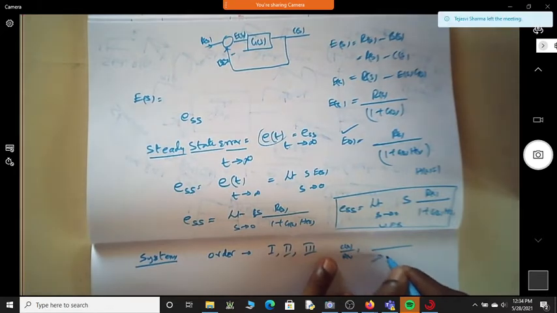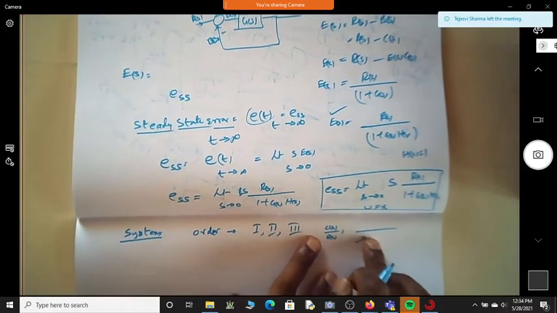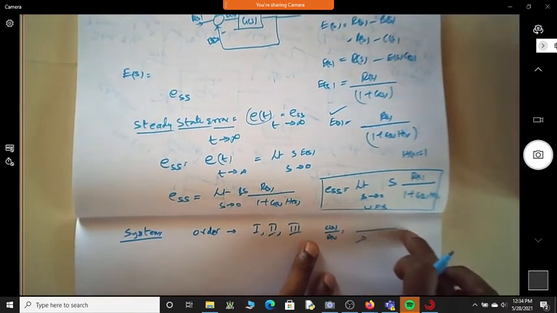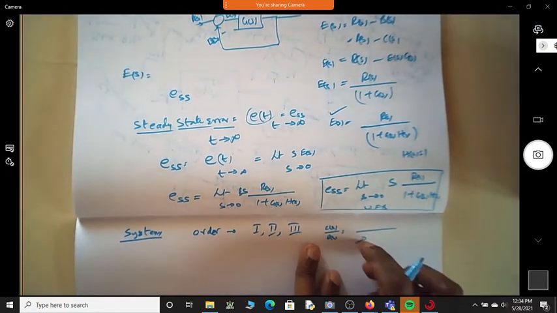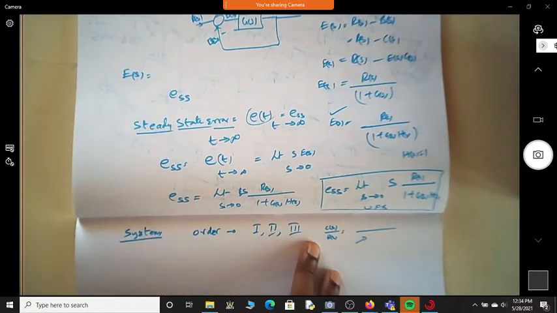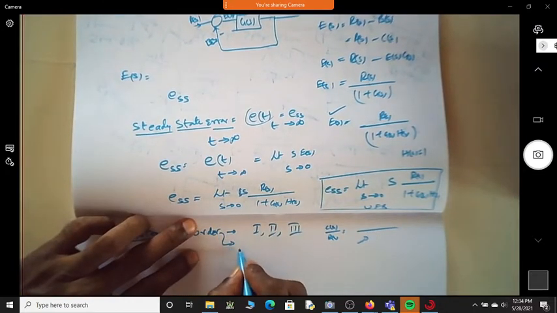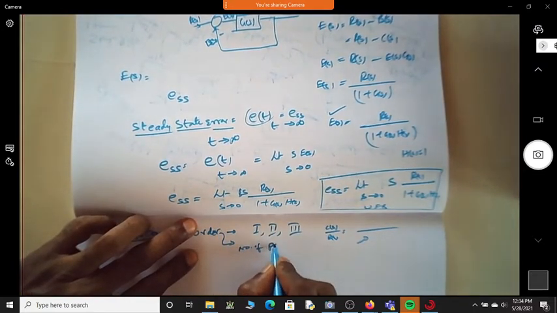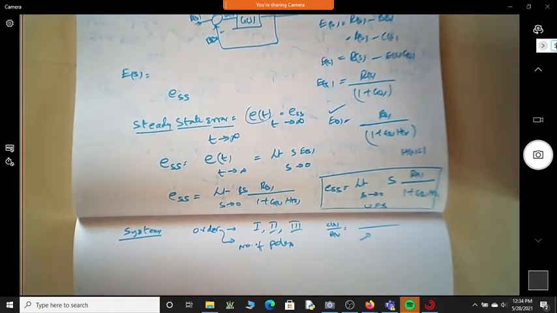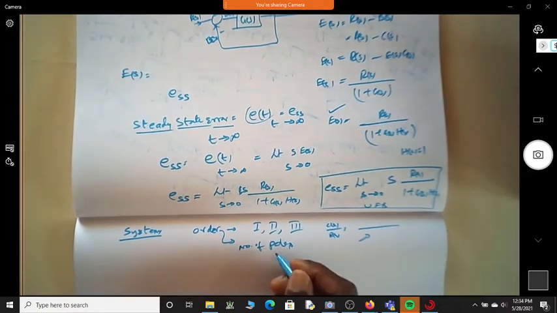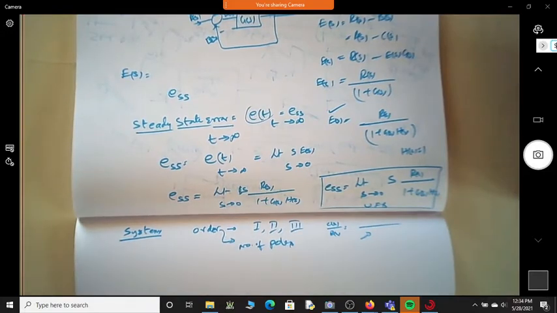Whatever is the highest order of s in the denominator, which is nothing but the number of poles, happens to be the order of the system. Number of poles doesn't change from the open loop transfer function to the closed loop transfer function. Only the position will change. So the number of poles tells the order of the system.